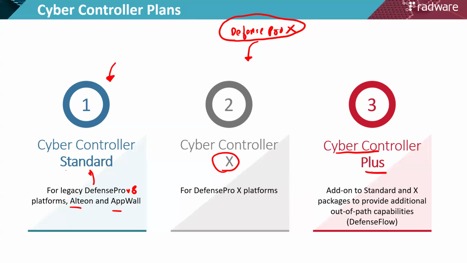Next, we have the Cyber Controller Plus license. This is useful for out-of-path kind of solutions, primarily related to diversion. If you want to automate diversion and mitigation, then you need a Cyber Controller Plus license.